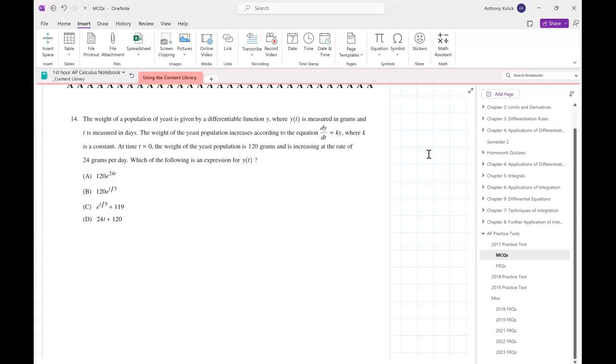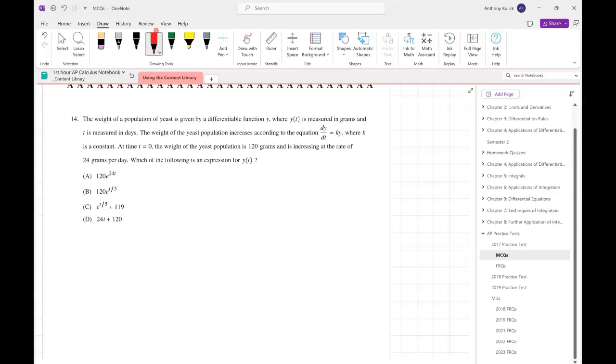The weight of the yeast population increases according to the equation dy/dt equals ky, where k is a constant. At time t equals 0, the weight of the yeast population is 120 grams and increasing at a rate of 24 grams per day. Which of the following is an expression for y of t?